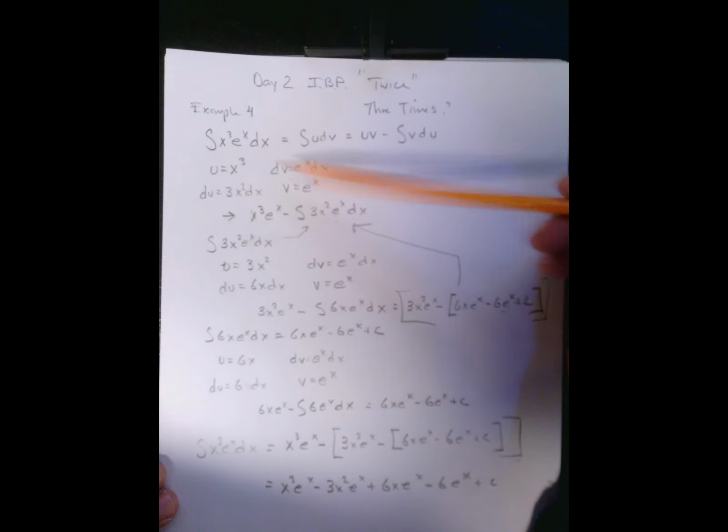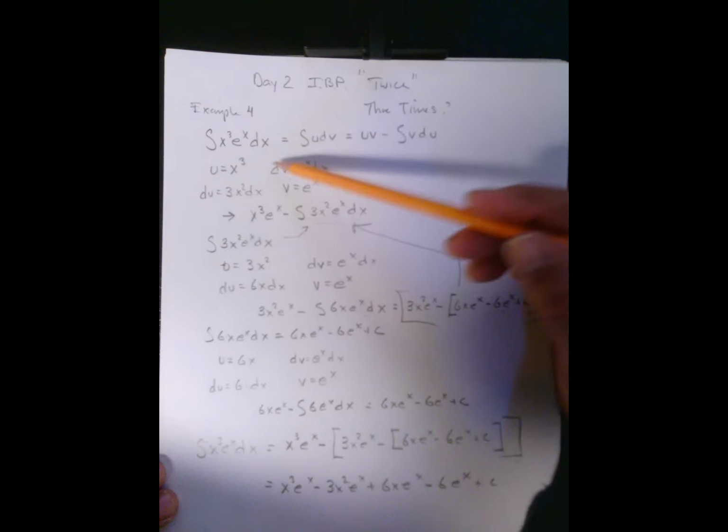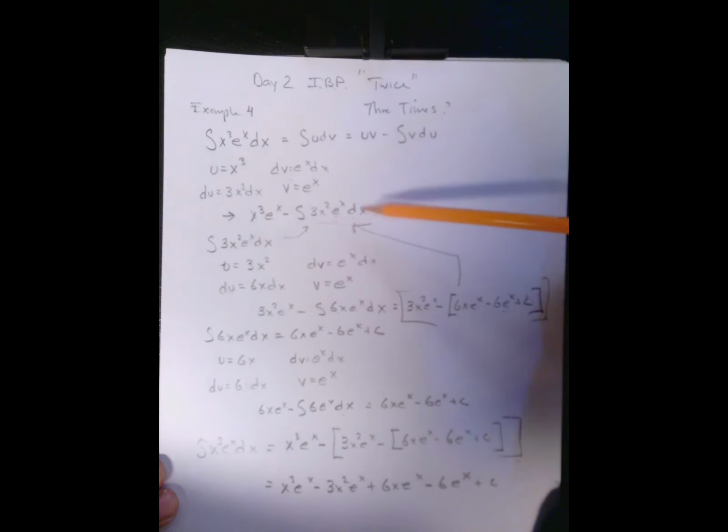My choice of u and dv was somewhat guided by the fact that the integral that I was left with each time, although it wasn't maybe doable by inspection, was closer to something doable by inspection.